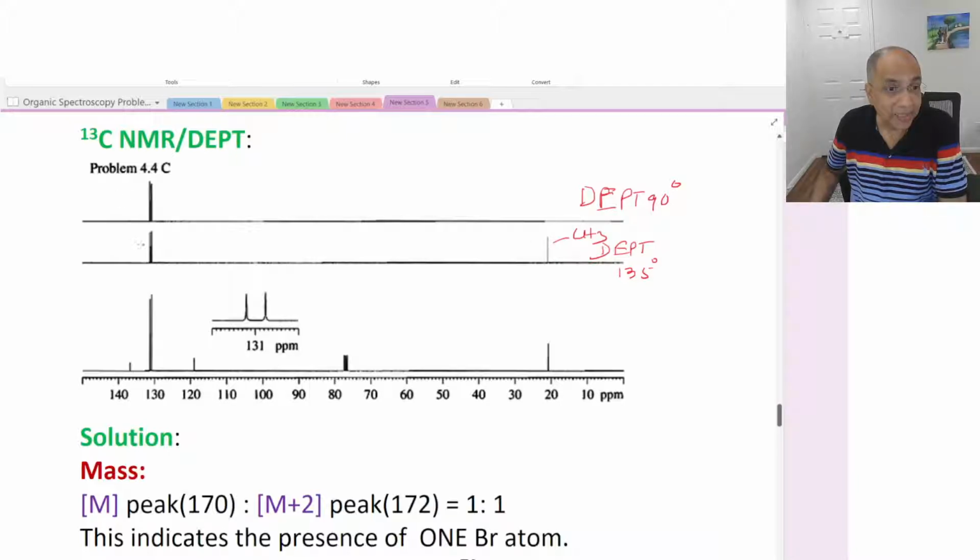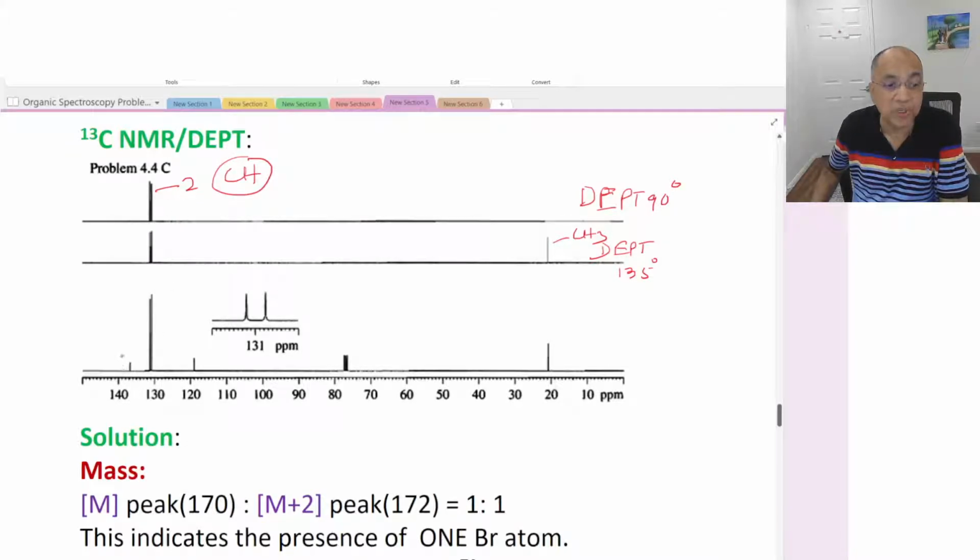And in DEPT-135, you get the information of CH3, CH2 and methine CH. No negative peak means there is no CH2. So these two are methine, which can be corroborated by their presence in the DEPT-90. So these two CH peaks are confirmed. This is methyl and these are 2 methine.